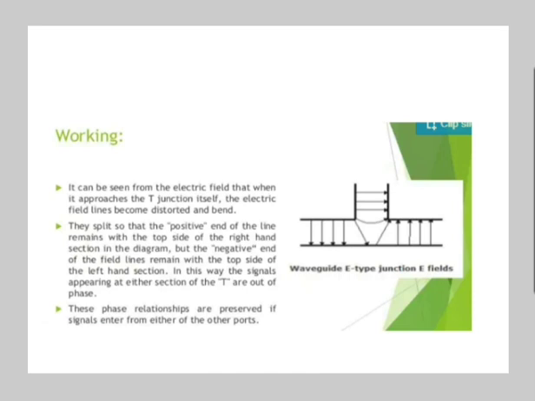They split so that the positive end of the line remains with the top side of the right hand section in the diagram, but the negative end of the field lines remains with the top side of the left hand section. In this way, the signals appearing at either section of the T are out of phase. These phase relationships are preserved if signals enter from either of the other ports.